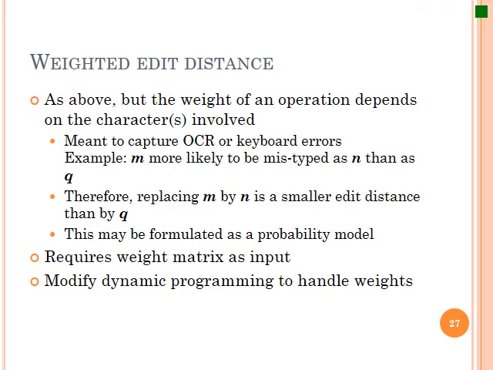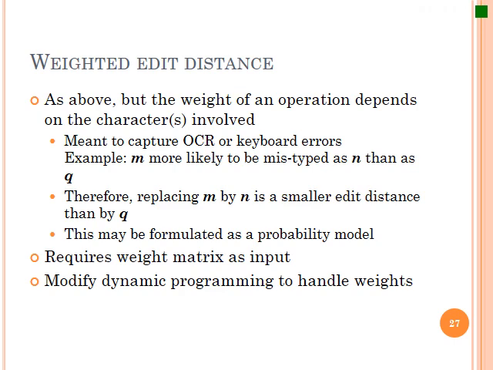Another approach, which is an improvement over the edit distance, is that we realize that when you measure edit distance over 2 strings, you are treating each operation equally. That is, each operation, no matter on what character, the cost is 1. This is not the case in many real-world applications.